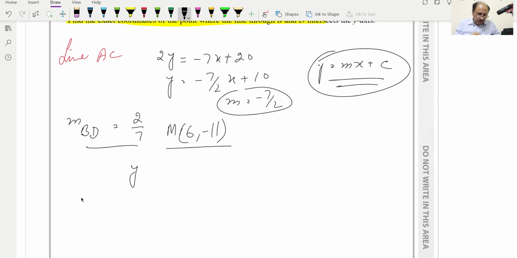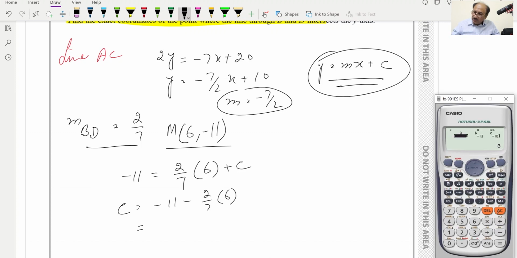So the y value we can write as minus 11 is equal to 2 over 7, which is the gradient, into the x value which is 6, plus c. So the c value will be equal to minus 11 minus 2 over 7 into 6, which we can find.